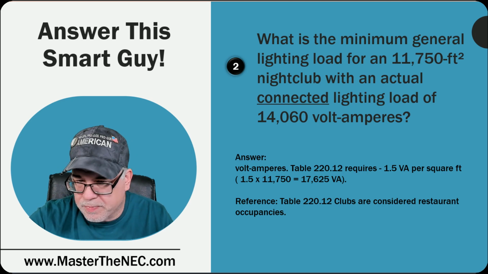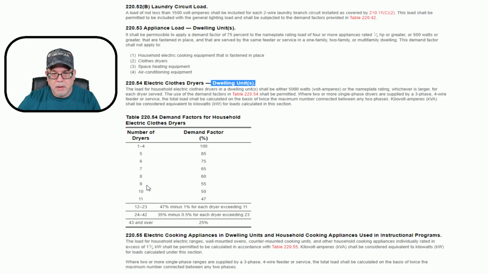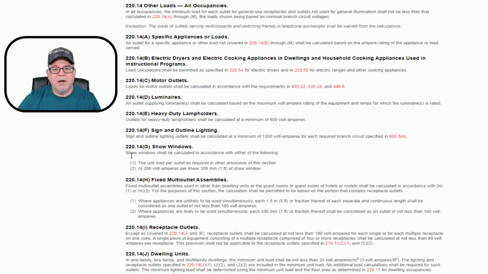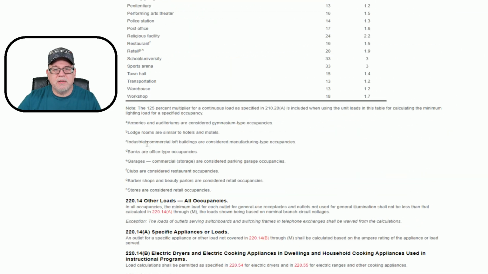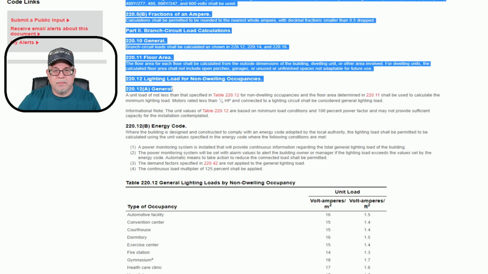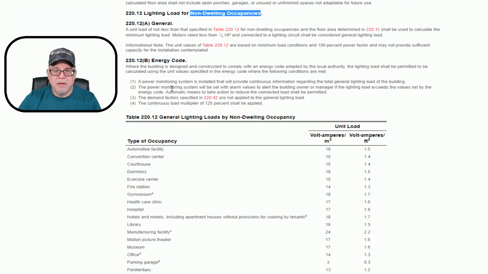Let's go to the code, and we'll go to that area of the code. We're going to get off the dryers here. We're going to go back up to 220.12. We just did 14. That was for the other loads. There we go, 220.12. All right, so lighting loads for non-dwelling unit occupancies, obviously, is what we're dealing with here.